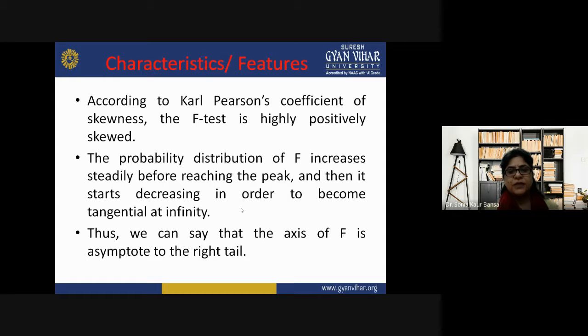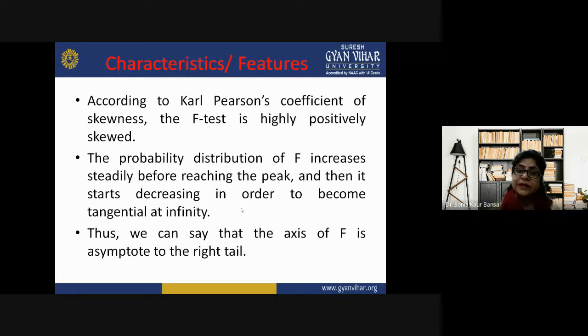The probability distribution of F increases steadily before reaching the peak, and then it starts decreasing in order to become tangential at infinity. So just remember that according to Karl Pearson's coefficient, the F-test is highly skewed, when the data is shown on the normal probability curve.